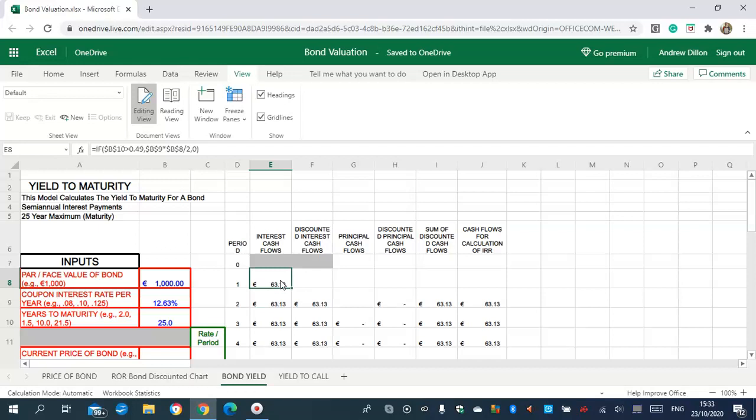Last time there was a problem, so I had to get it from the second table and paste it into the first one to get the answer. But this time I got it correctly, so let's move on to the discounted interest cash flows.